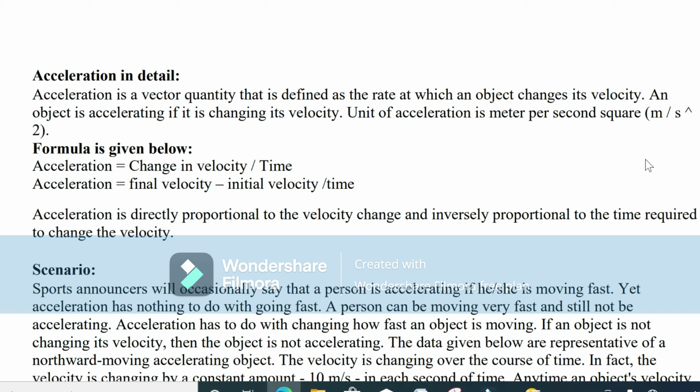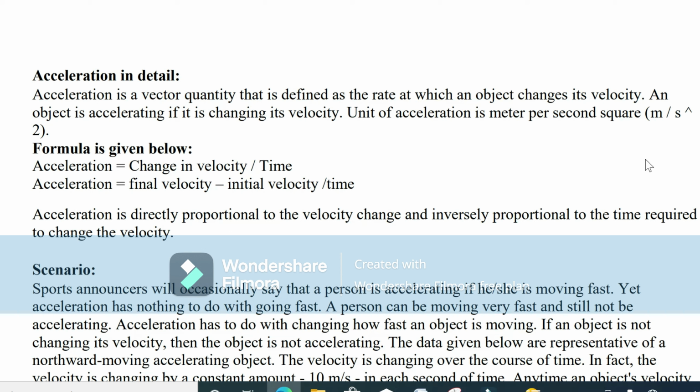Measure of change in velocity means that if the velocity is changing with respect to time, then we can say that there is some acceleration. Rate means that acceleration is produced due to the change in the velocity of an object with the passage of some time.